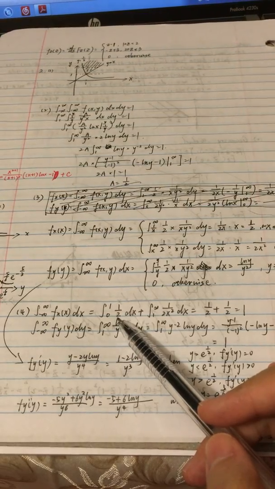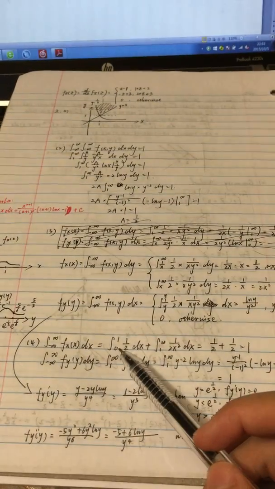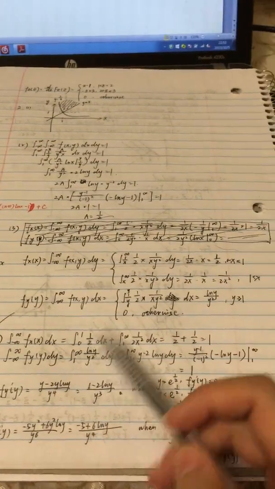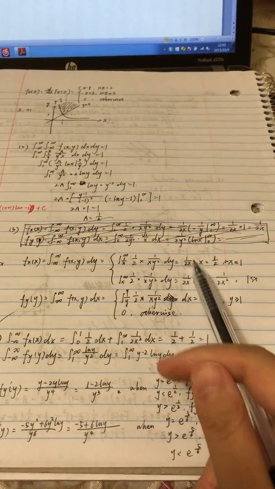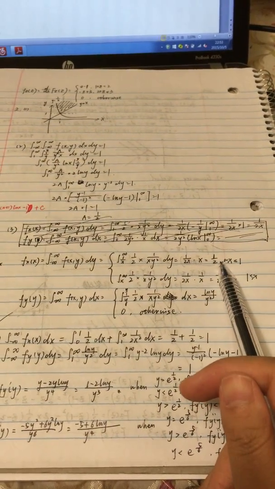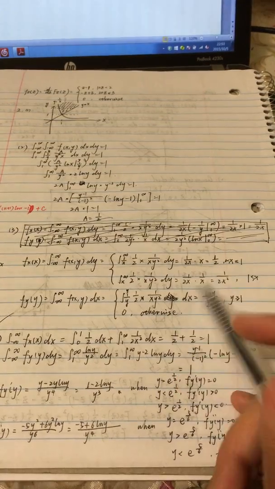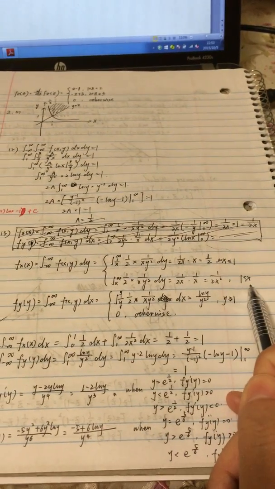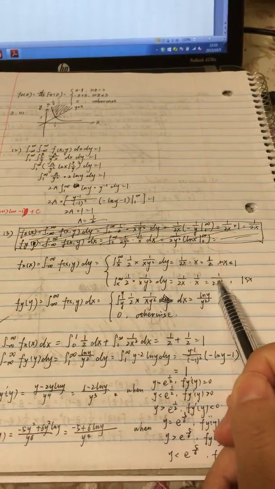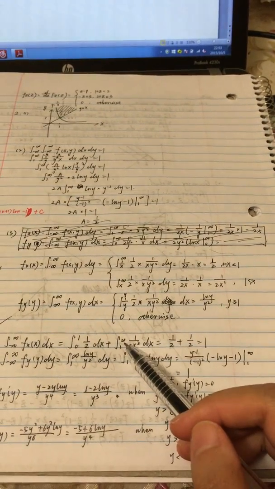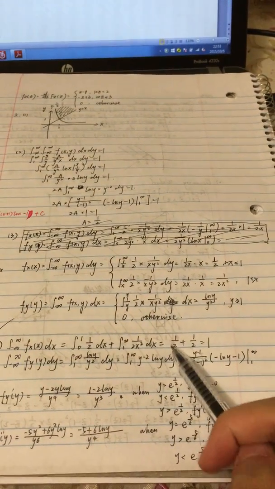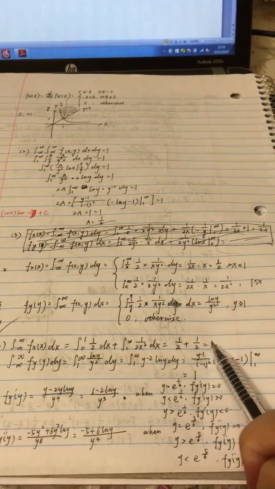The integral of fX dx, we have got its expression like this. So from 0 to 1 it's 1 over 2, and when x is greater than 1 it's 1 over 2x squared. So it's 1 over 2 plus 1 over 2, which is 1.